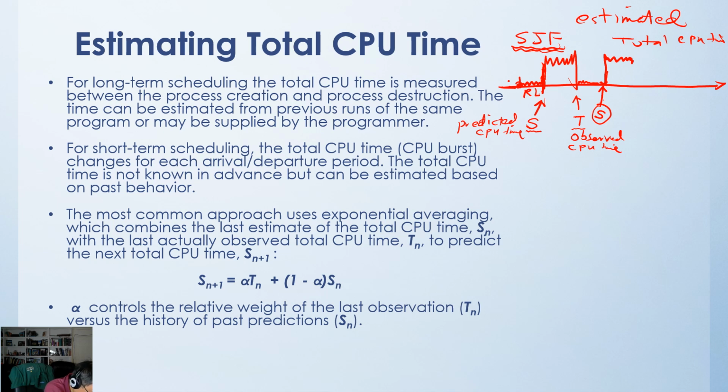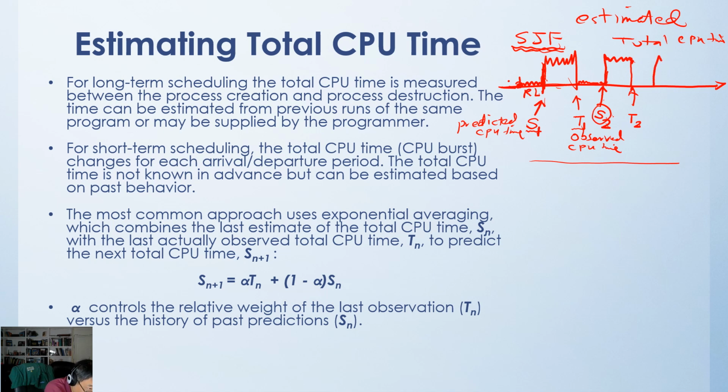Okay, so here is the formula we use. Suppose the process runs the first time with a predicted CPU time S1, and then we have the actual CPU time T1. We use some formula to calculate the next predicted CPU time for the next run. After the process completes the job, we get T2, the observed CPU time, the actual CPU time.